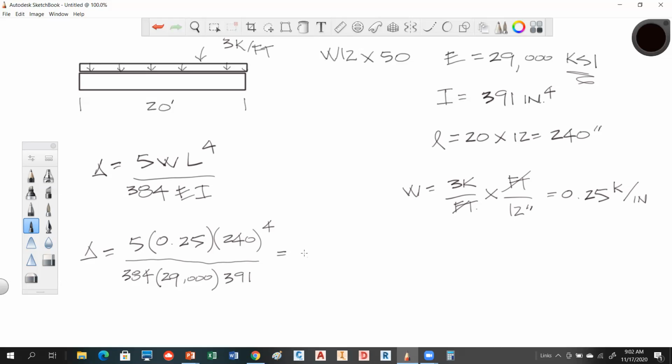Here's what I got. You guys verify this. I got 0.952 inches. Anybody get that number?